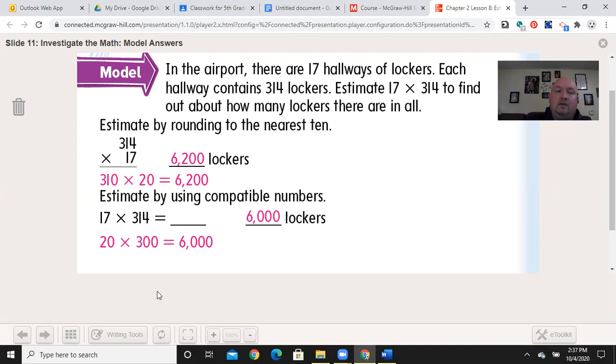And to be honest, in my head, 31 times 2, yeah, I could do that and add my zeros. But if I really want to be fast, 300 times 20, that's 6,000. So again, we're looking for simplest. Rounding, follow the rules. Compatible, make it easier on yourself. Within reason, of course.